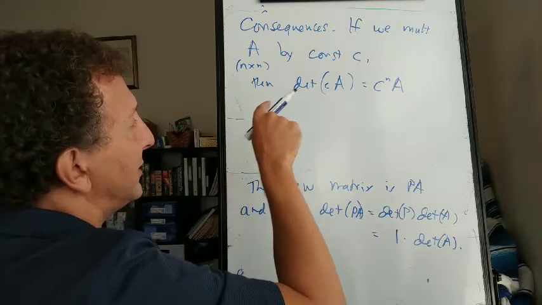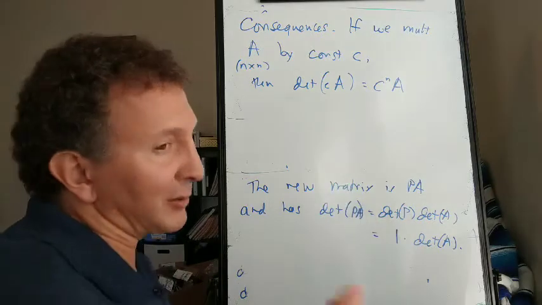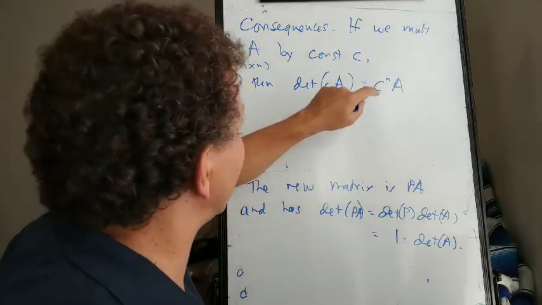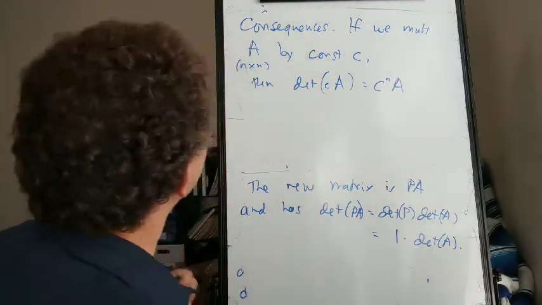Well, that's because multiplying any row by C changes the determinant by a factor of C. And then if we do that to n rows, we're multiplying the determinant by C and C and C n times. And so we get C to the n times determinant of A.